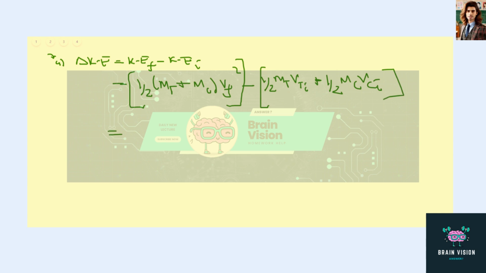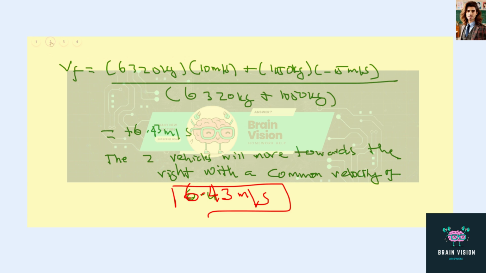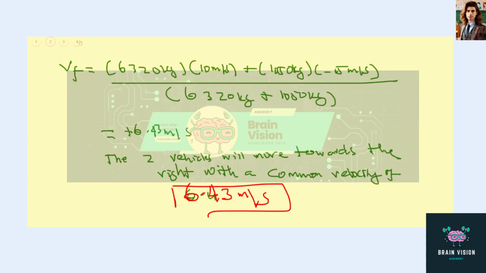And so when we plug in the numbers, we get 1/2 times 6,320 kilograms, plus the mass of the car, 1050 kilograms, times the final velocity that we computed, 6.43 meters per second. If you can recall, it was actually positive.